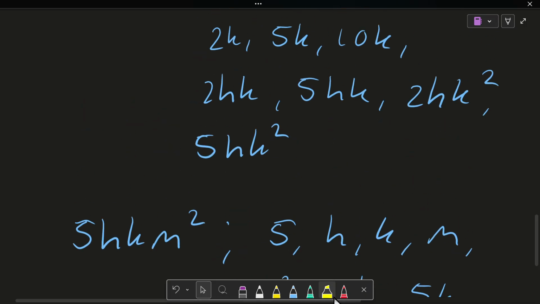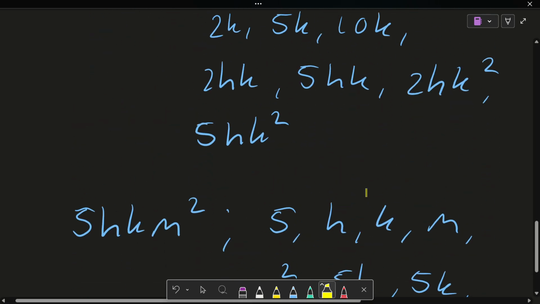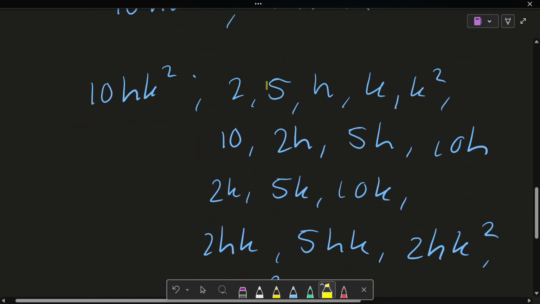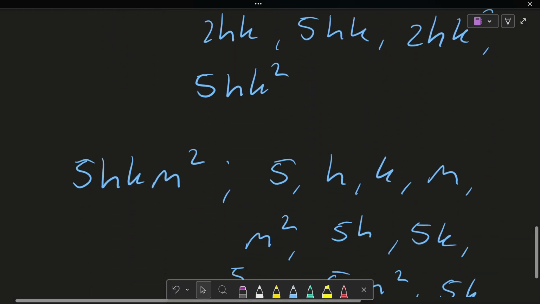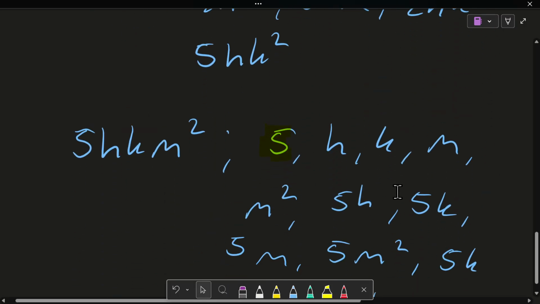Now let's check the common factors. The first one is 5, which is here also 5. Next one is h, this is also h.